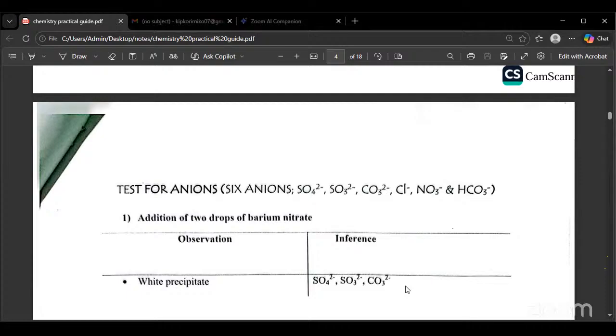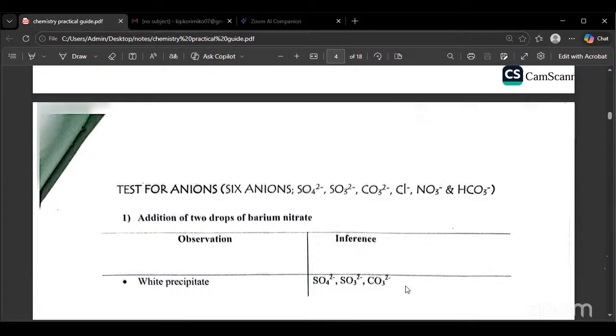Now, remember the rule still applies. If you have more than one inference, the correct answer you should bring should be at least 2. You should write at least 2.